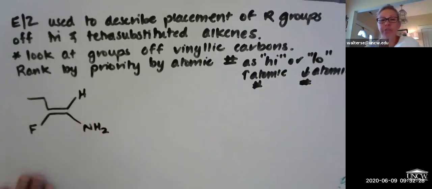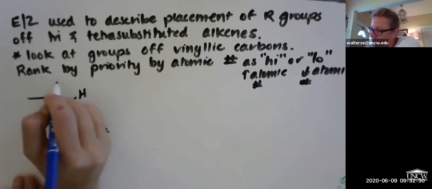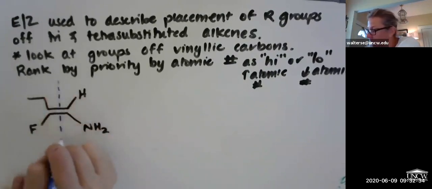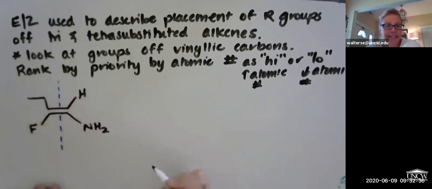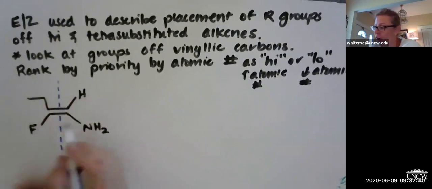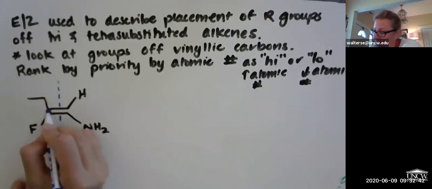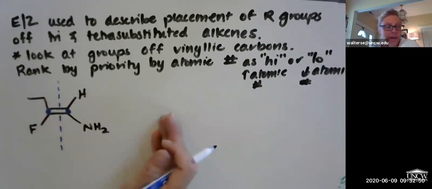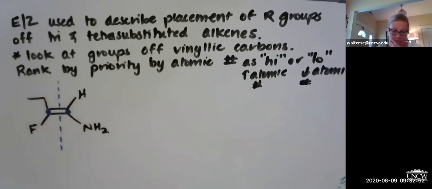So what you're going to do first is draw a line that bisects the pi bond, separating the left carbon, which is here, from the right carbon, which is there. Okay, so you're going to compare the groups off of the left carbon, the groups off of the right carbon.